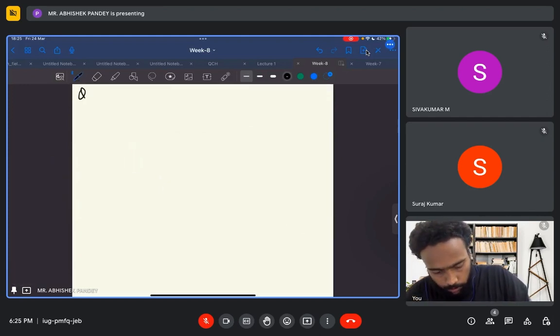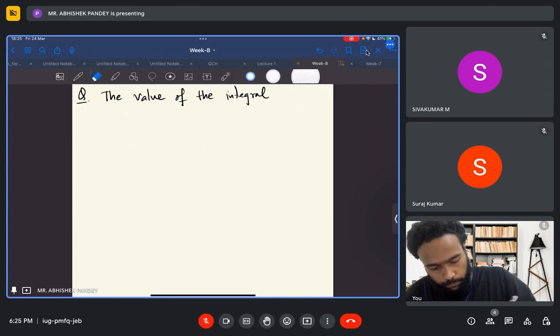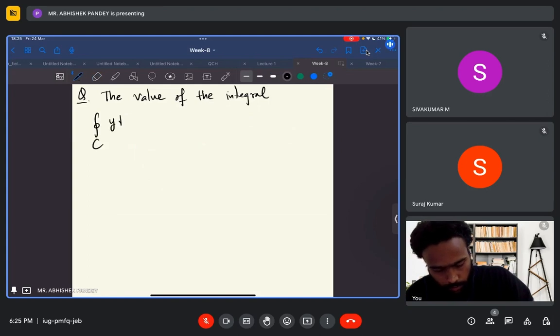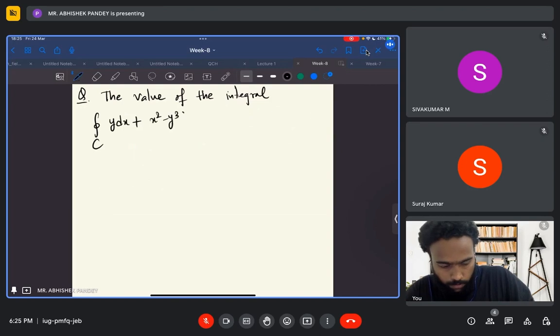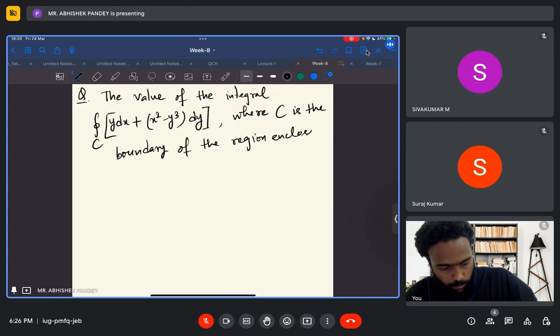So the next question is: the value of the integral over C of y dx plus x squared minus y cubed dy, where C is the boundary of the region enclosed by y equals 0, y equals x, and x squared plus y squared equals 4.